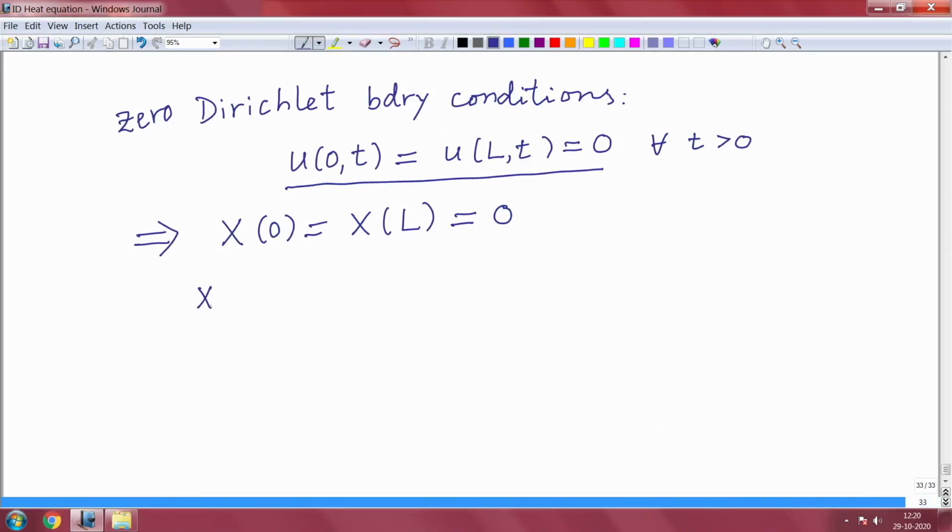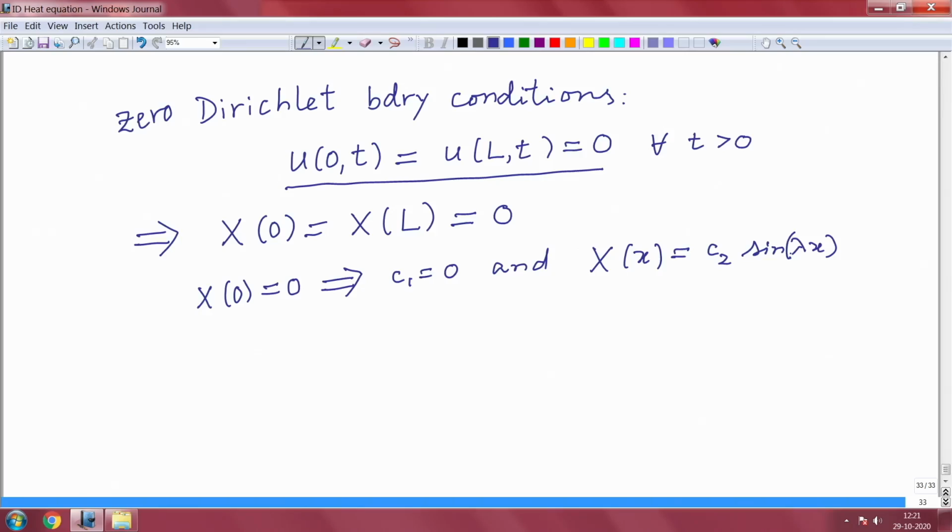So, X(0) equal to 0 implies C1 equal to 0, and then X(x) becomes just C2 sin lambda x.